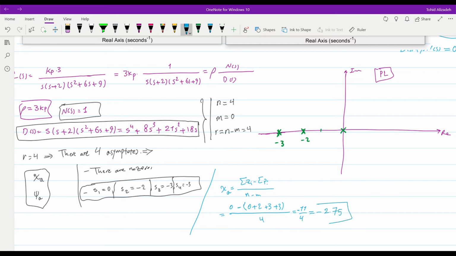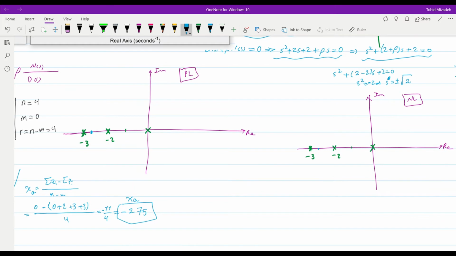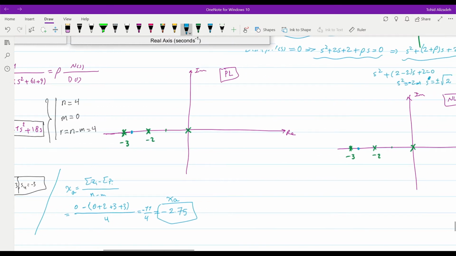So this will be the point of abscissa xa, and it will be here and here. Now we need to determine the angle of the asymptotes.